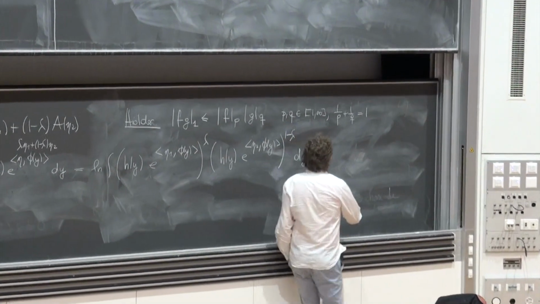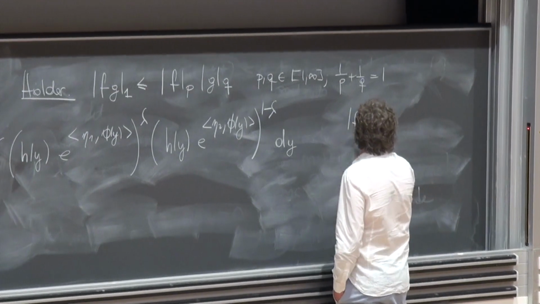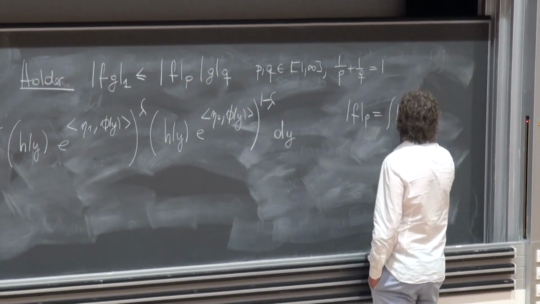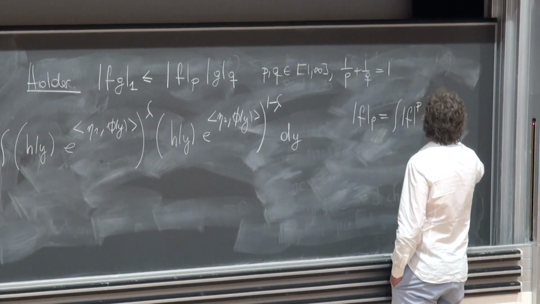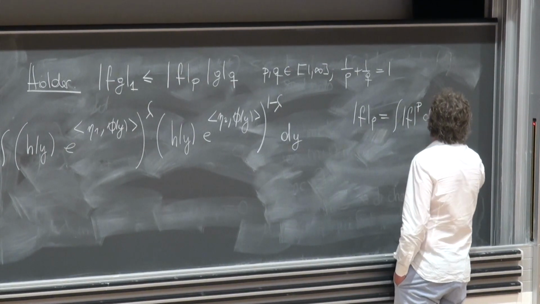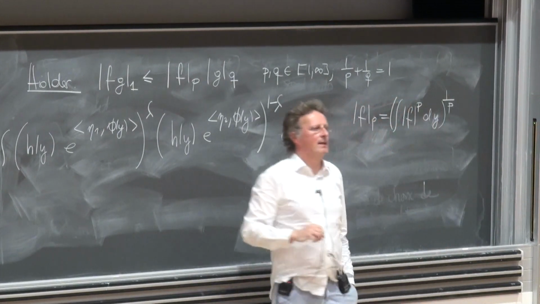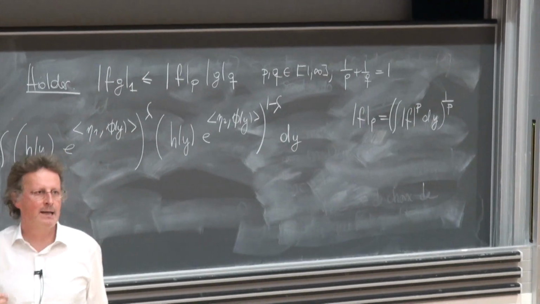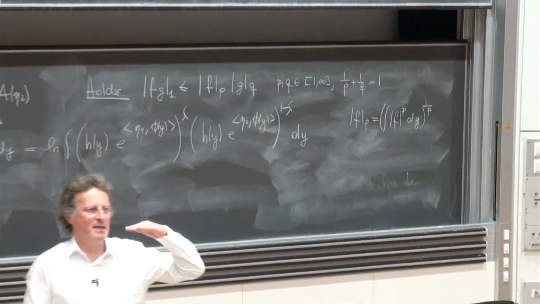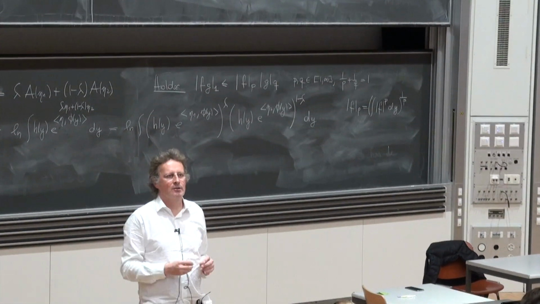And so what do I mean if I write something like f to the p norm? Then this is just, I take the integral of the absolute value of f taken to the pth power, let's say this is dy, and then I take the 1 over p power. So you notice for the squared norm, if p is 2, you just take the absolute value squared, take the integral, and then in the end you take the square root.